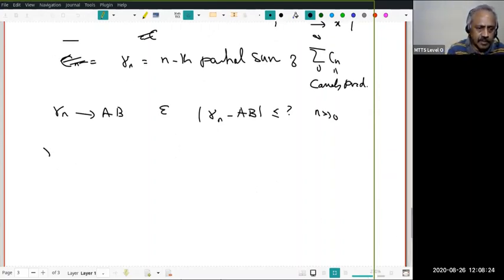Now we want to understand what is gamma. Now what is gamma naught? Gamma naught is just C naught, which is A naught B naught. What is gamma 1? It is C naught plus C1.